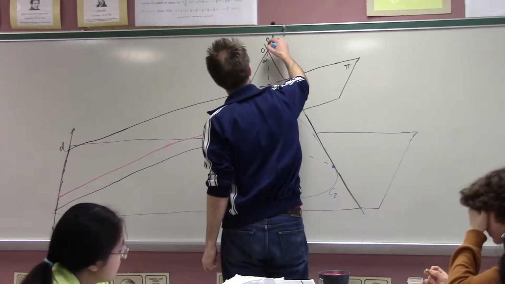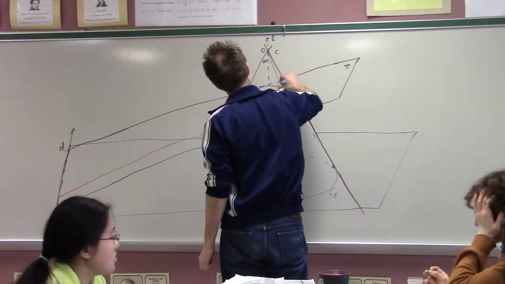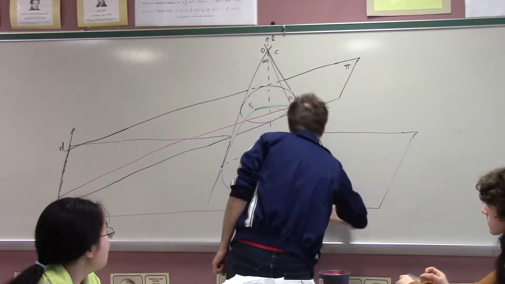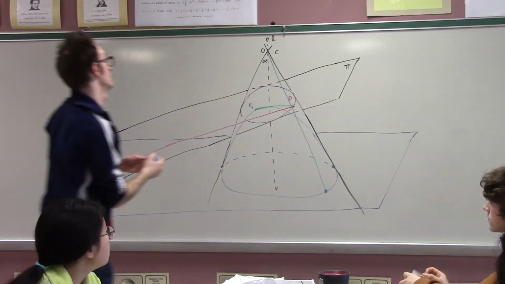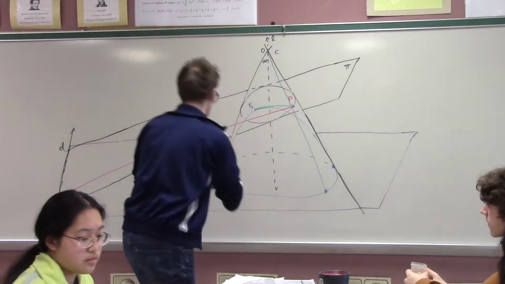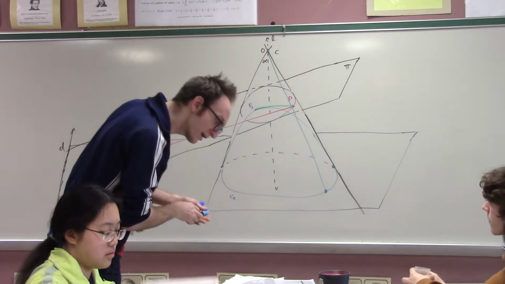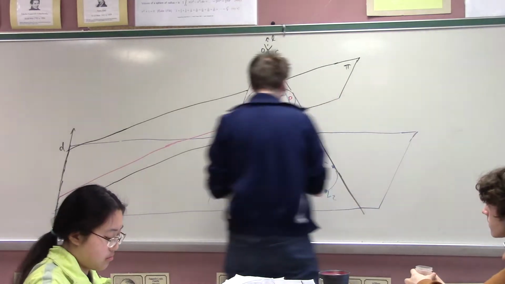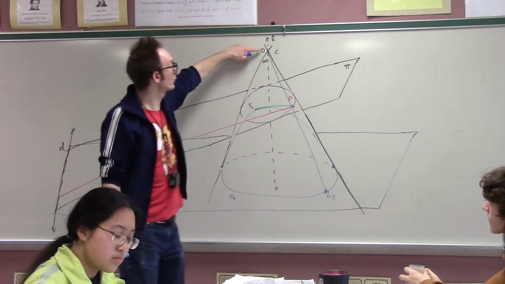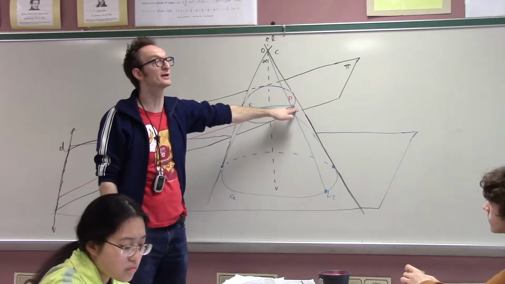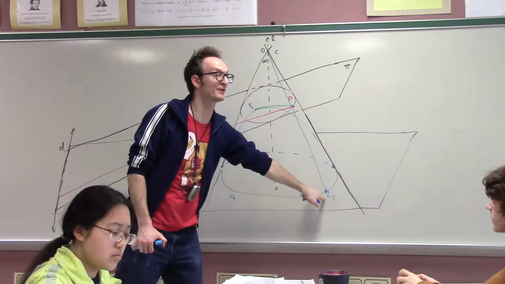I like L2. Okay, so this was circle C2. This point down here, I'm going to call L2. What is L2? It's the intersection of the ray from the vertex through the arbitrary point P on the ellipse, meeting the circle C2. Cool?